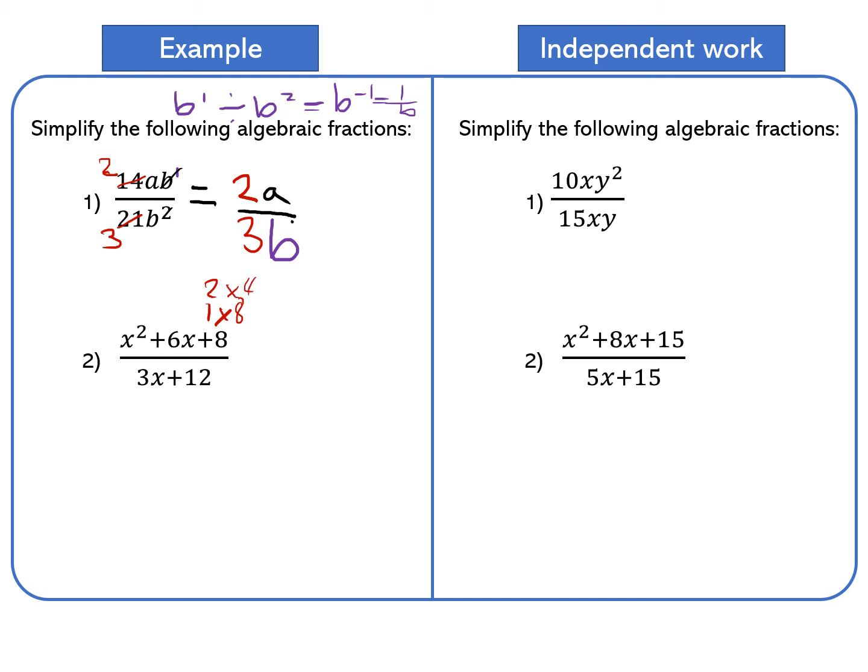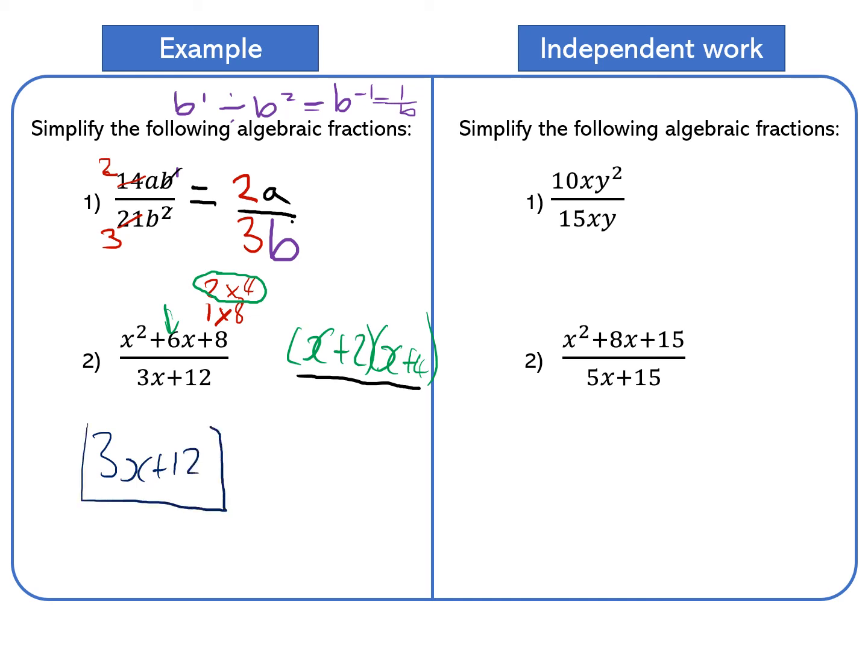Which of those pairs can I put together to make 6? What I can see is I've got 2 and 4. That makes 6. So I've got x plus 2 and x plus 4, all divided by, and now I'll need to factorize that bottom expression. I've got 3x plus 12, box that up, 3 goes into both sides, I've got x plus 4.